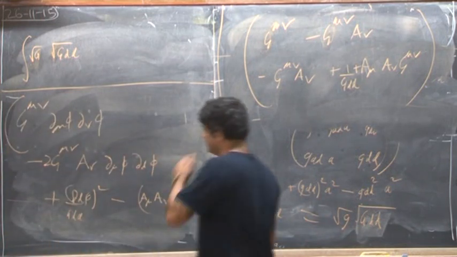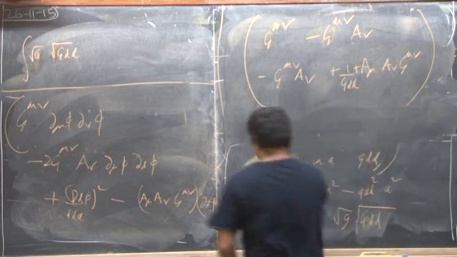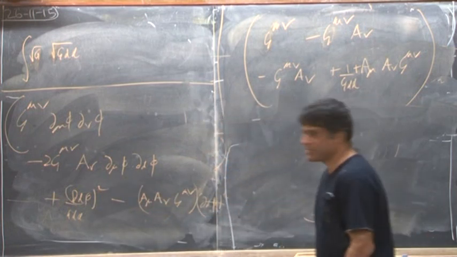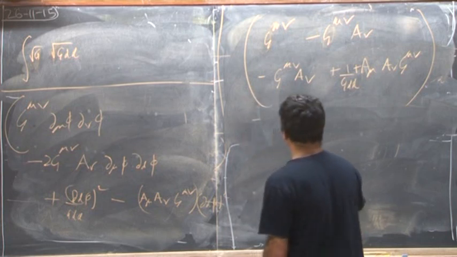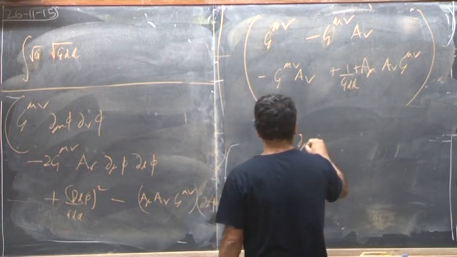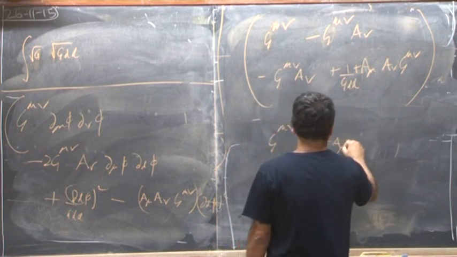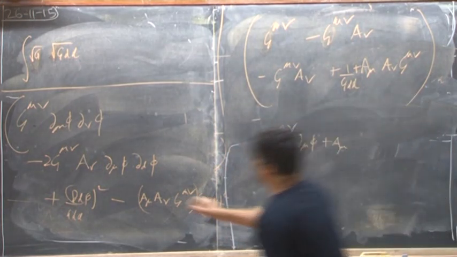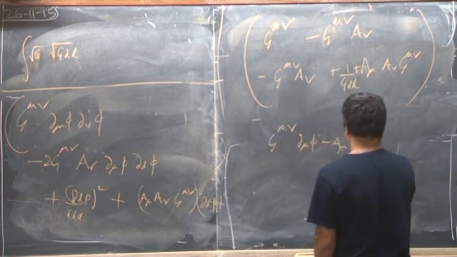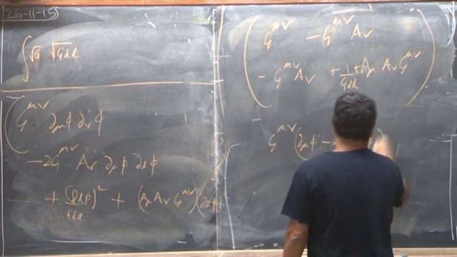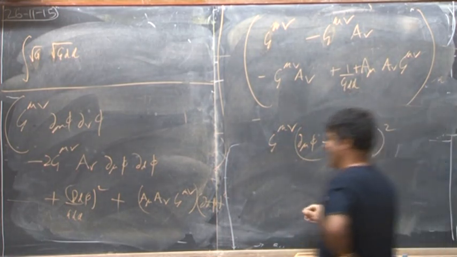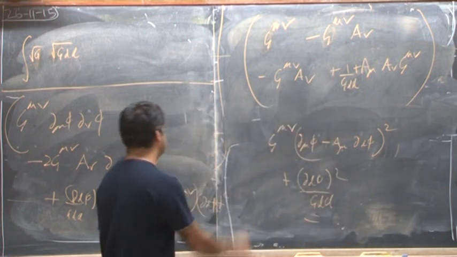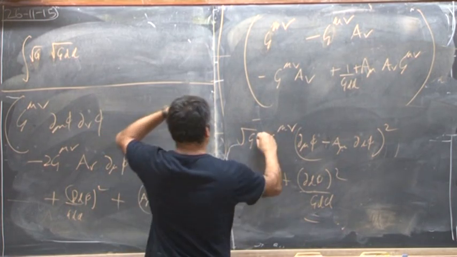But you see that this is the same thing, that this and this combine together to give you G mu nu (d mu phi plus A mu... oh, some sign, this was plus) minus A mu del_D phi, the whole thing squared, plus del_D phi, the whole thing squared by G_DD, the whole thing times square root G times square root G_DD.